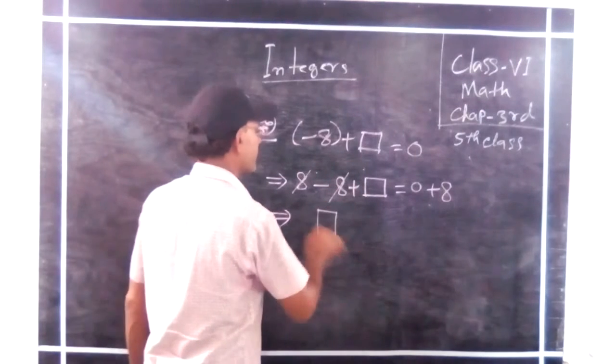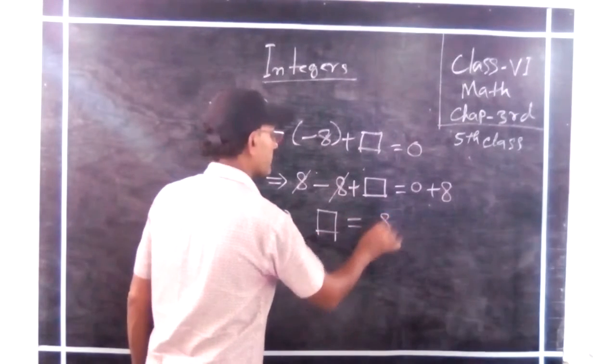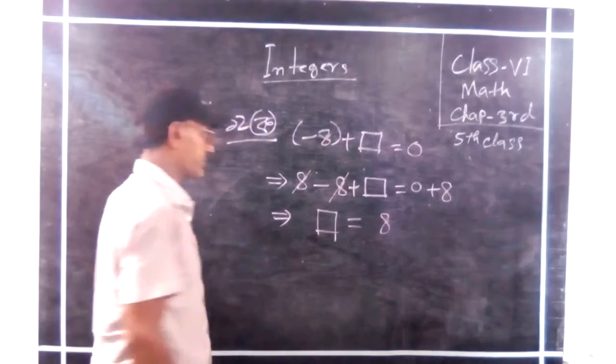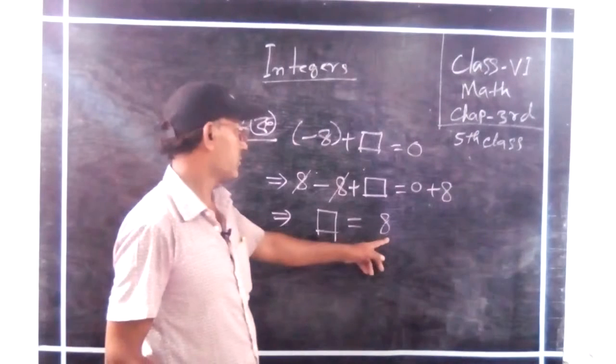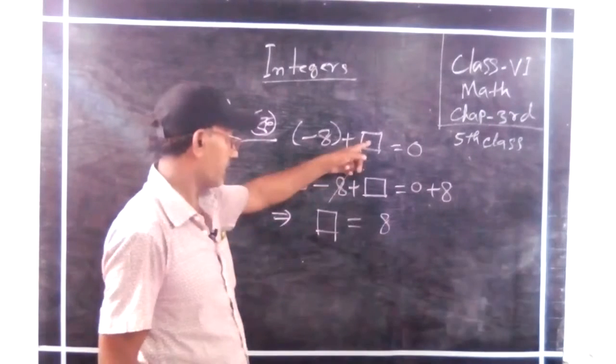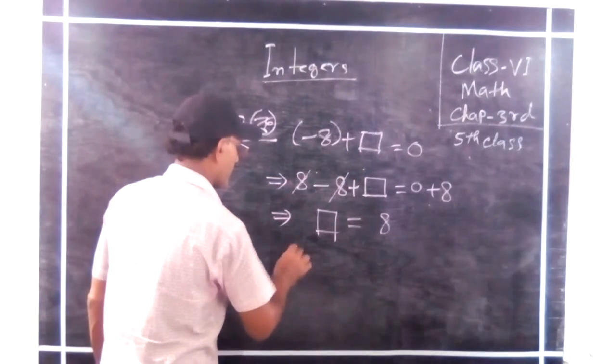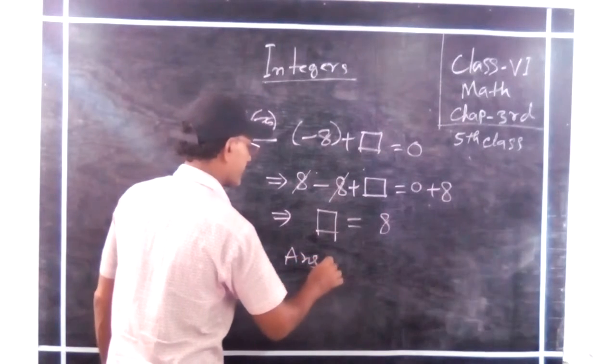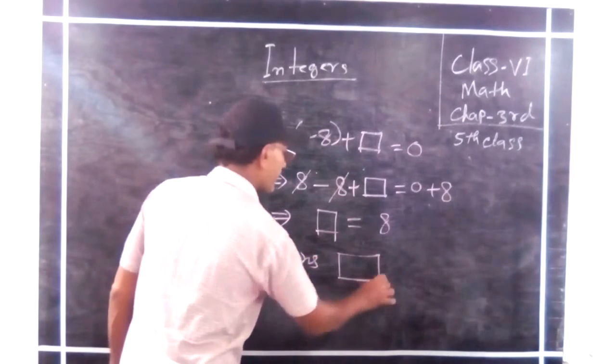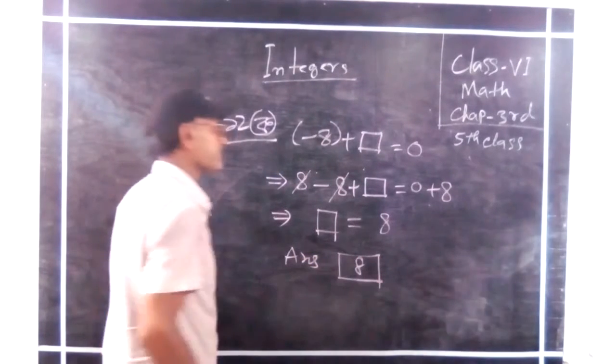So empty cell equal 8. So we can use here 8 as our answer.